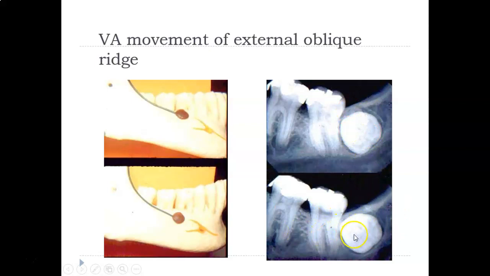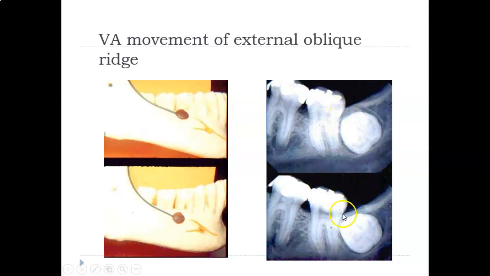If we use this lower one as the baseline, the external oblique ridge comes all the way down here and stops down here by the CEJ, and we can't see any of the root of this tooth. It just looks like it circles off right here. So the external oblique ridge comes down to the CEJ. We can't see any of the root. Now in this image, the external oblique ridge has done what?